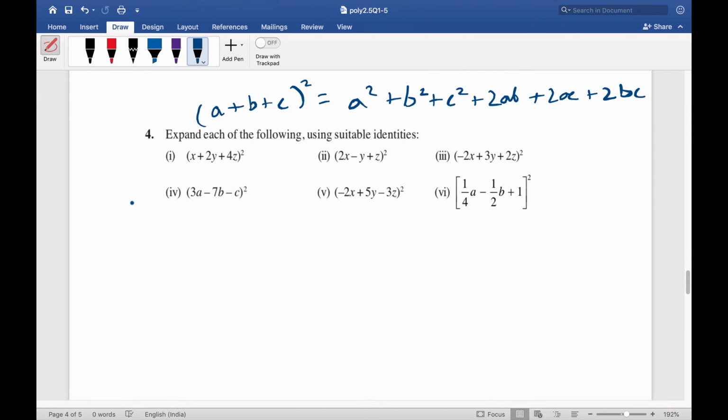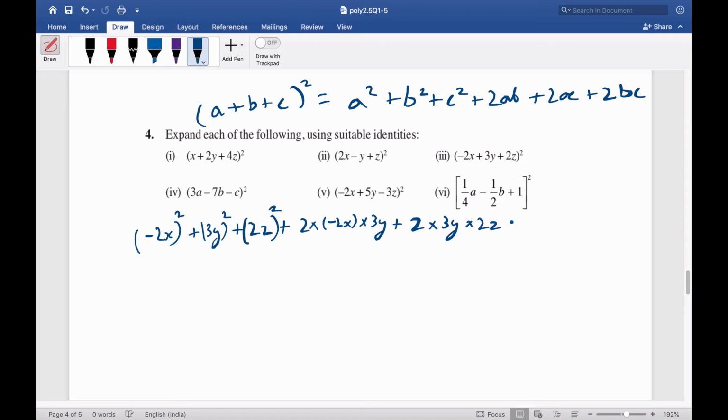To the third part, now we have minus 2x whole square plus 3y whole square plus 2z whole square plus 2 into minus 2x into 3y plus 2 into 3y into 2z plus 2 into 2z into minus 2x.